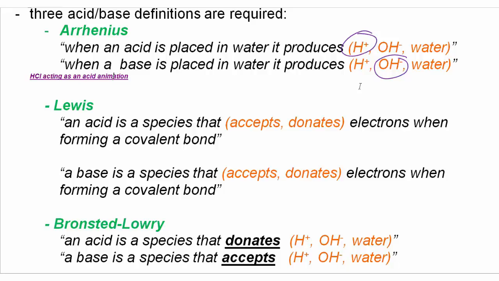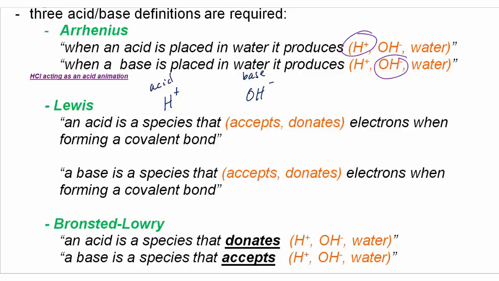Lewis, the second theory. An acid is a species that accepts or donates electrons when forming a covalent bond. Okay, how I keep these things straight is I know all these theories really have to agree with one another. So I always think of that Arrhenius idea, right? H+ I think of as my acid. I think of hydroxide as my base.